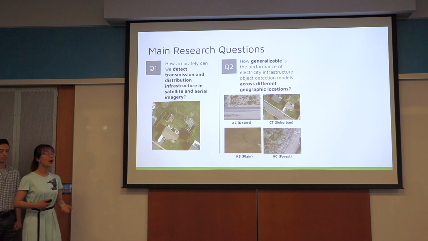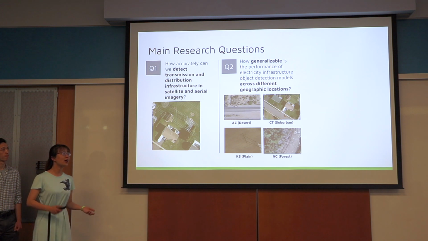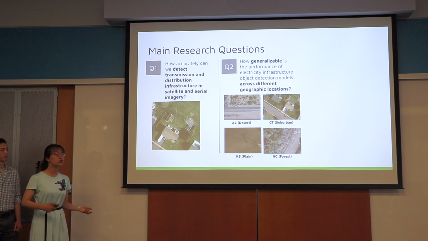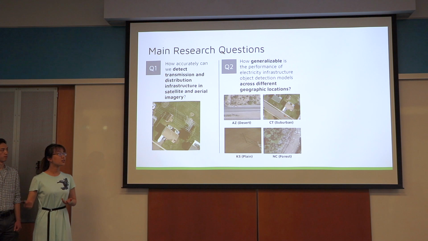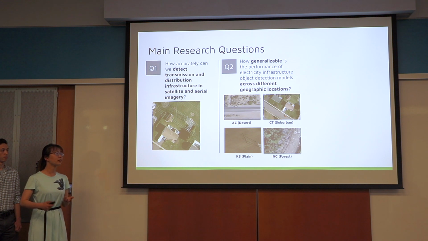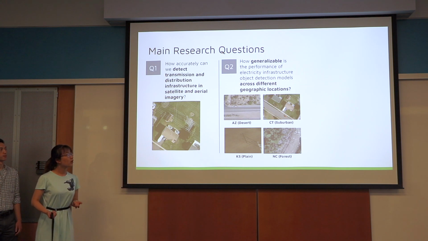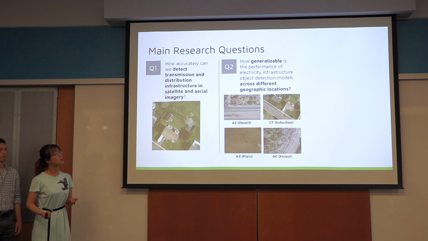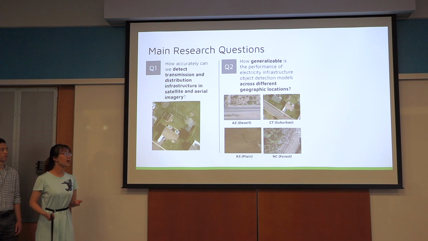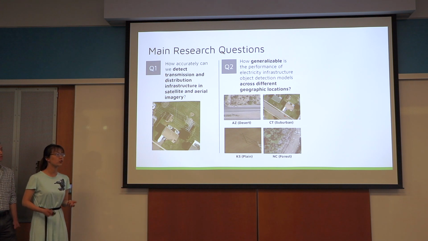So ideally, we are able to train on existing data and have a model that is able to generalize to other geographies. So we hope that our model is generalizable. Therefore, we are going to carry out experiments with data sets featuring different geographies. For example, we may train on the Arizona dataset and see how well it's going to predict on the North Carolina dataset.